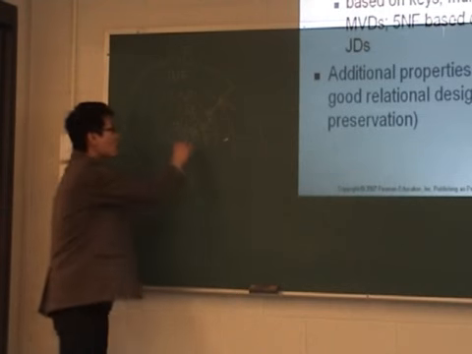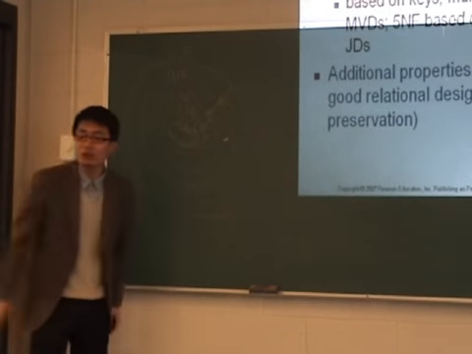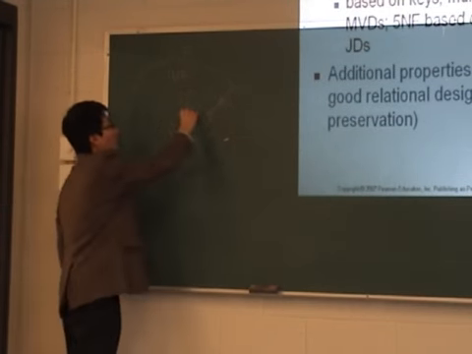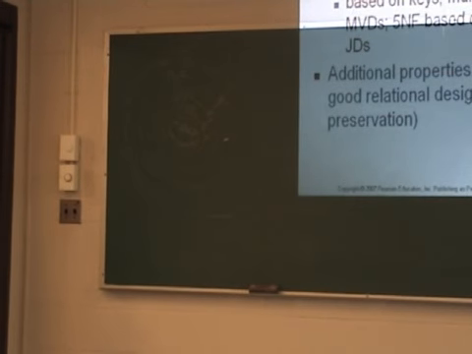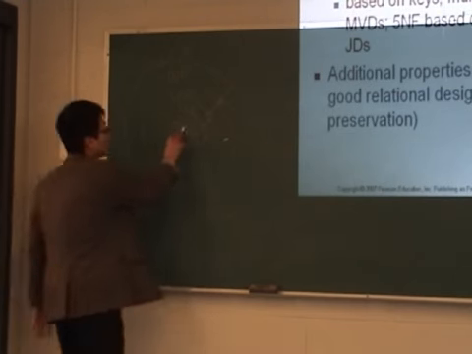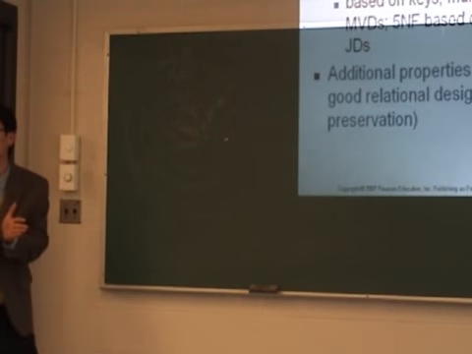So is BCNF better than third normal form, or is third normal form better than second normal form? No, it depends. Yes, my answer always requires "depending," right? Depending on what? The performance of the data. As you know, BCNF divides the most, right?